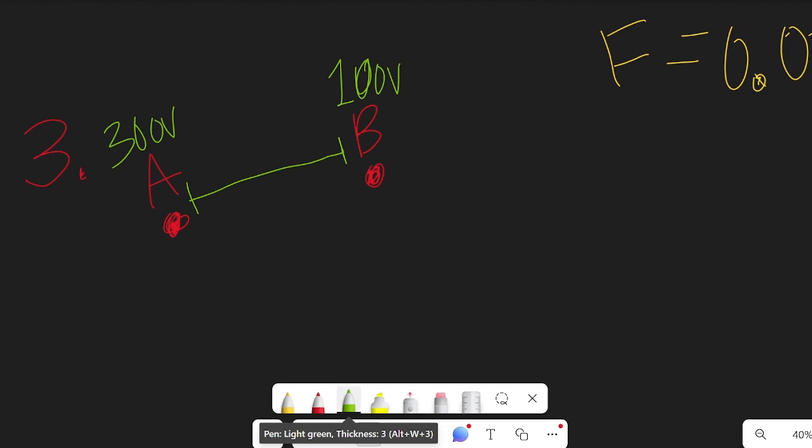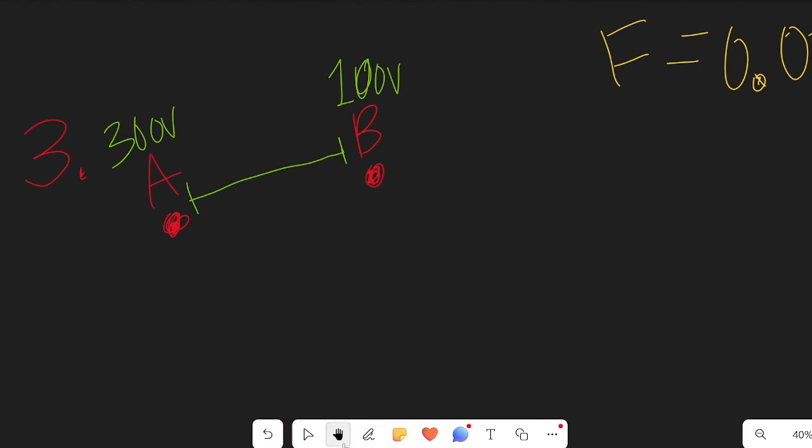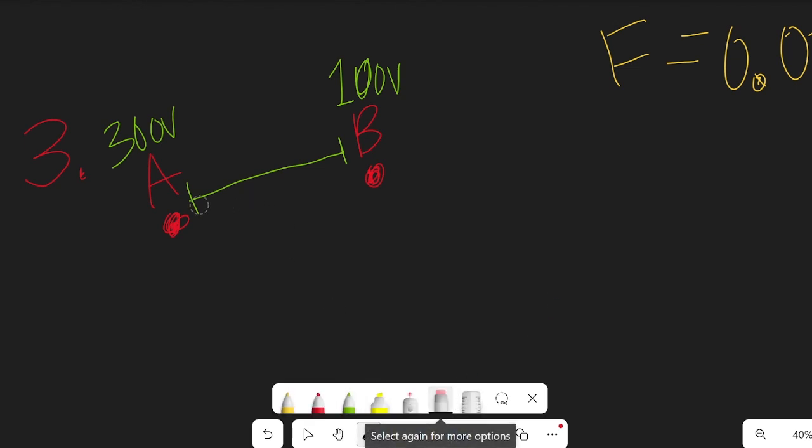Actually, how would I want to phrase this problem? Actually, let's phrase this differently. So instead of potential, let's say this. We have a 300 coulomb charge and a 100 coulomb charge here, right?